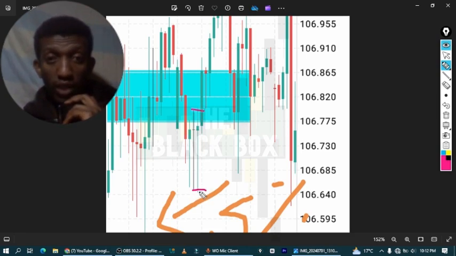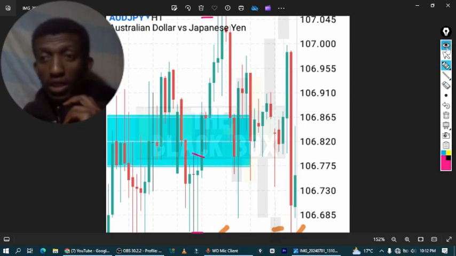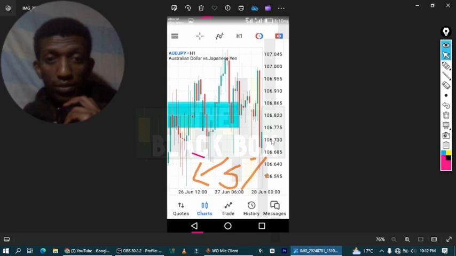When you use the wicks, your TP2 is going to be, I told you to target TP3, right? Target TP3 from up there, equal highs, then equal lows. TP3 is most likely up there. I can tell you that TP3 is up there.